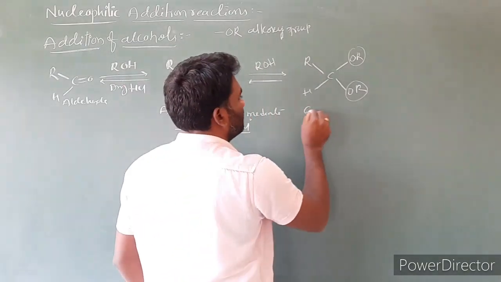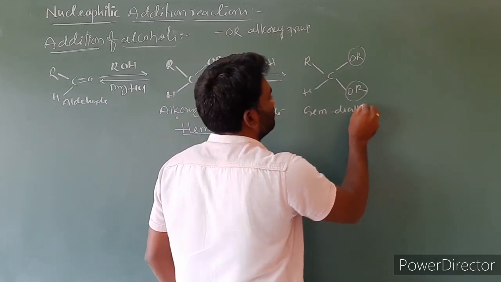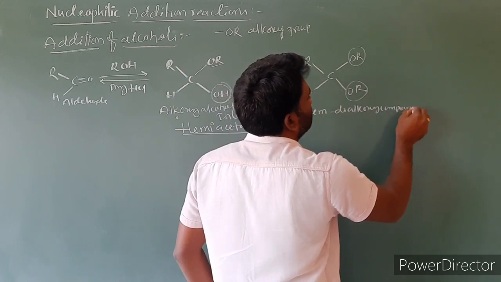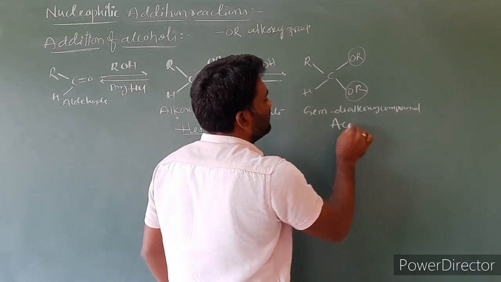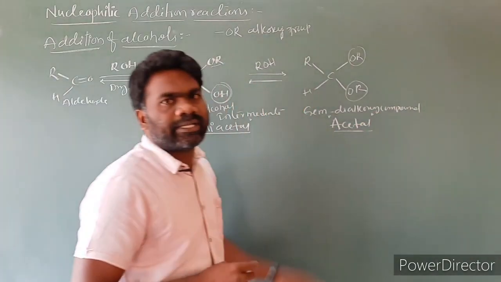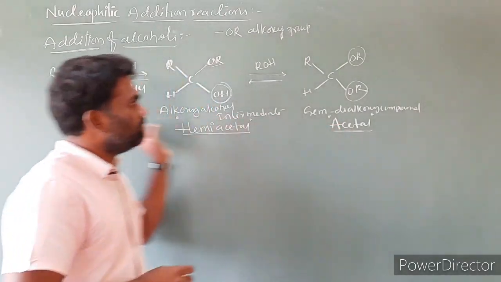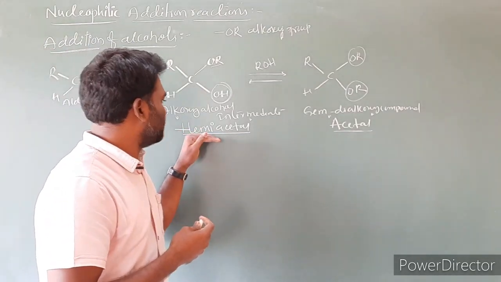This gem dialkoxy compound we call acetal. It is also important for a PUC 1 mark question: what is acetal, what is hemiacetal? By taking this we can define hemiacetal and acetal.